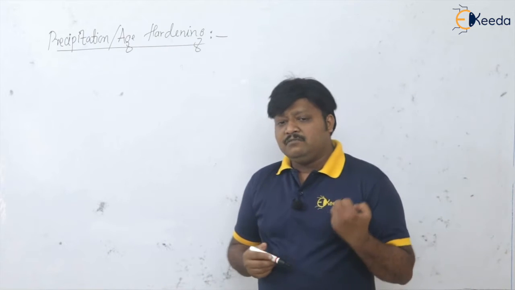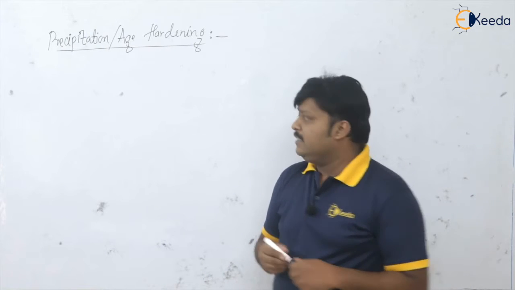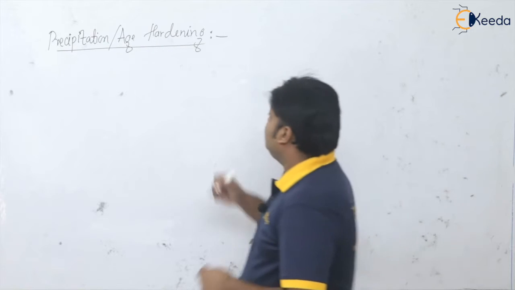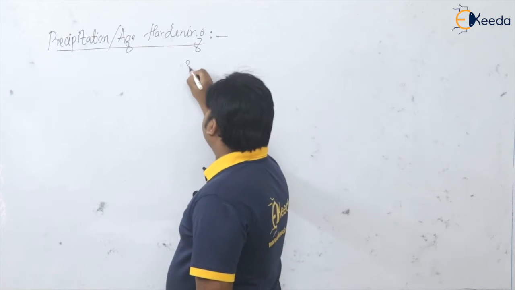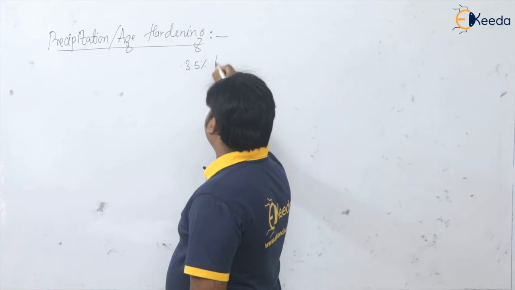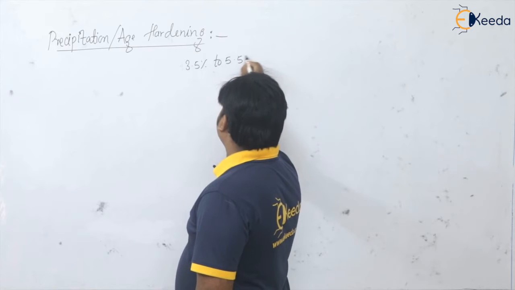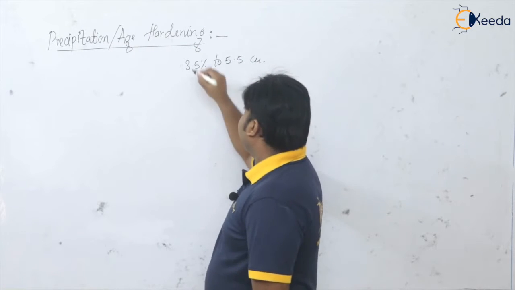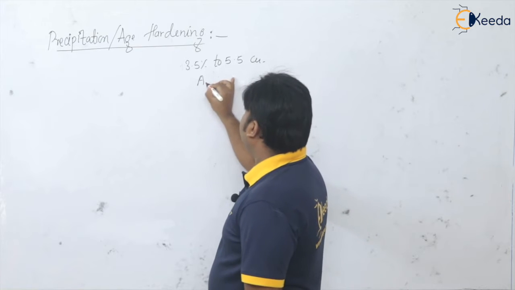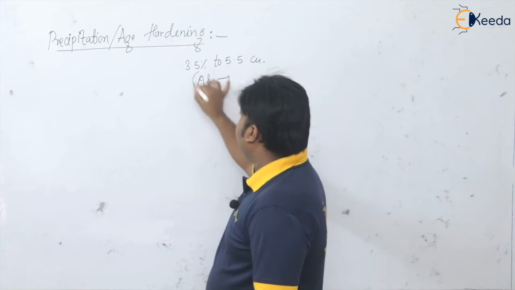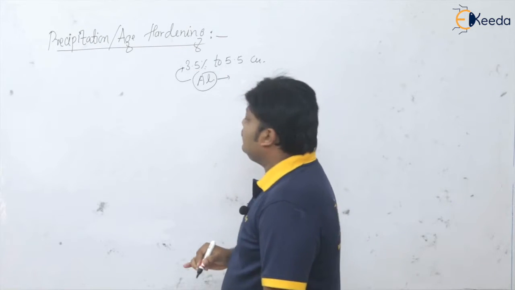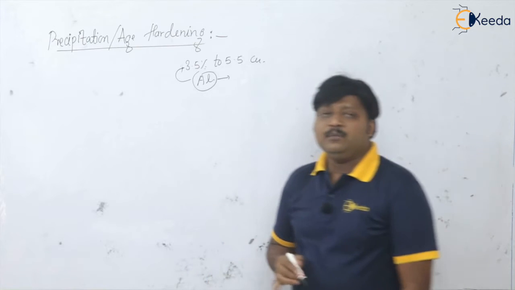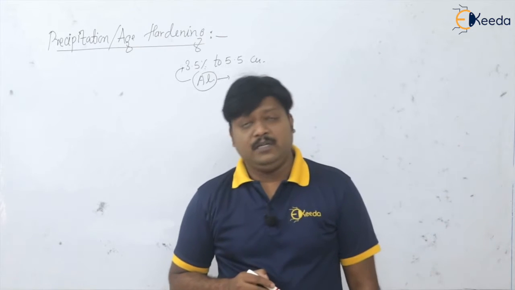What was this Wilm having? The specimen that he had contained 3.5% to 5.5% of copper in aluminum, and the rest aluminum. So in the aluminum matrix, the copper percentage is from 3.5 to 5.5%.